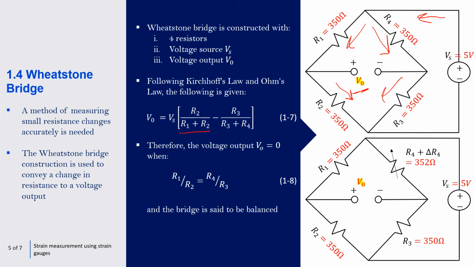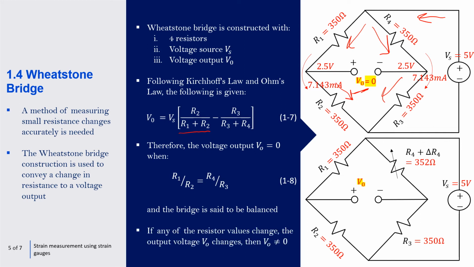If you recall Ohm's law, voltage equals current multiplied by resistance, so we can work out the current acting through there. Because the resistors are equal and the current is equal, we know that the voltage will be 2.5 and 2.5 here, and hence there's no potential difference.